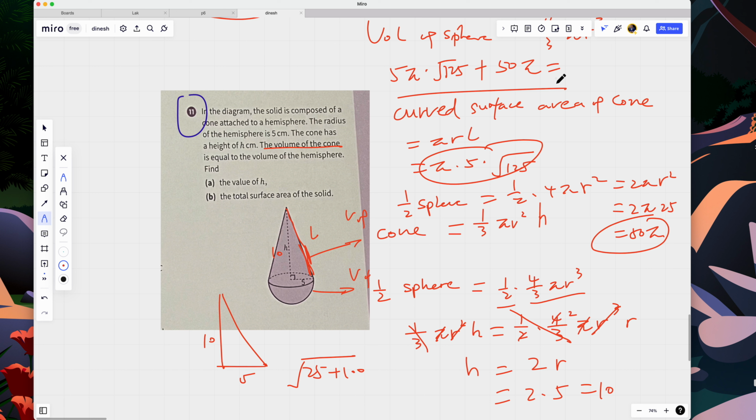How many figures? 3 significant figures. Then it is 332 cm square, because it's area here. Okay? So that's how you get it. So this is 3 SF. Okay, good.